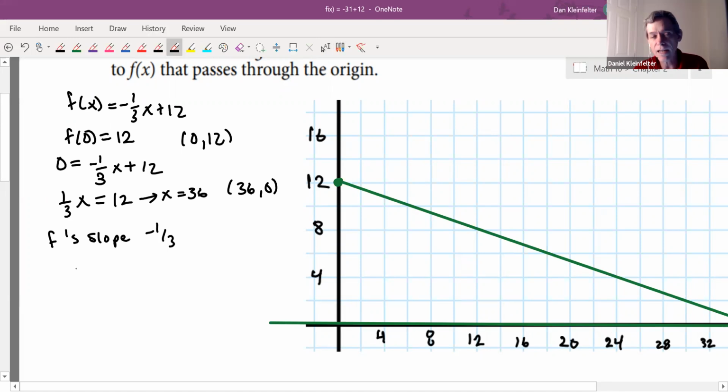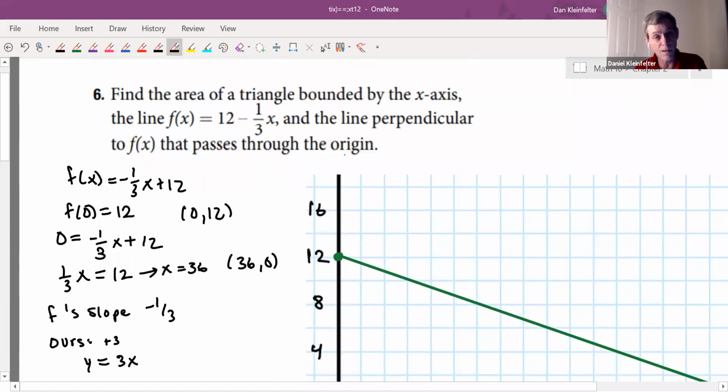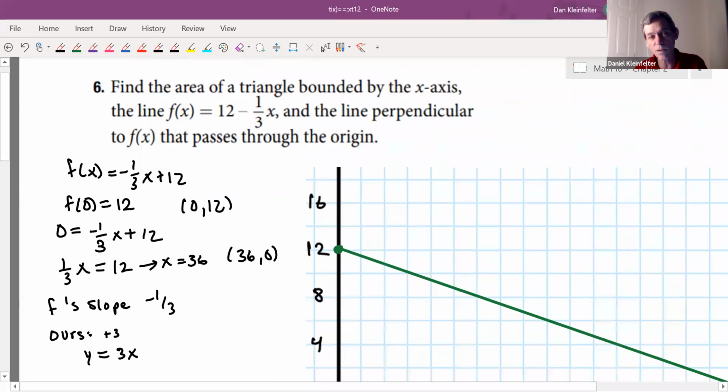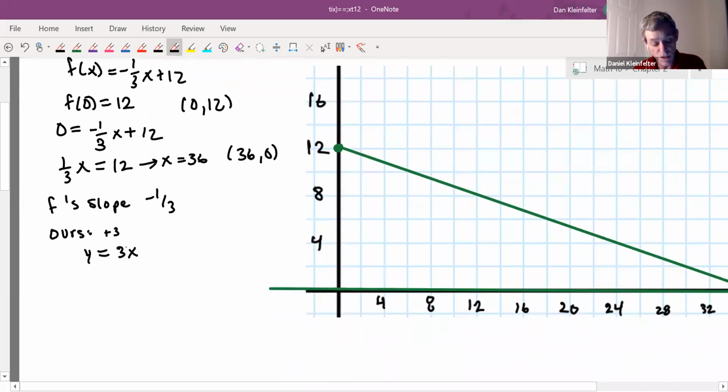And so ours will have to have a slope that is the negative reciprocal of that, so that will be positive 3. So a line with slope positive 3, and then we need the y-intercept to be 0, because the line is going to pass through the origin. So it's just the line y equals 3x.